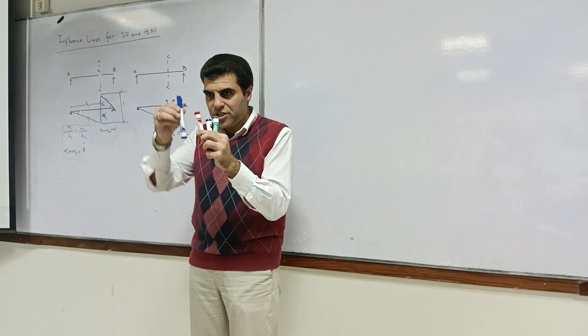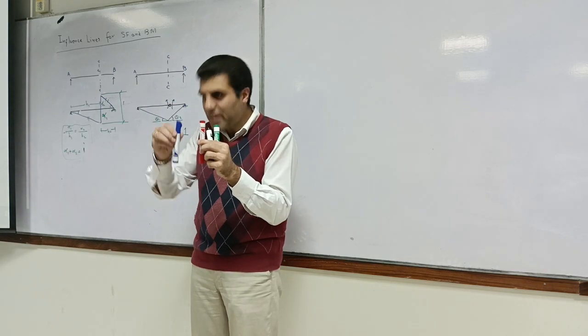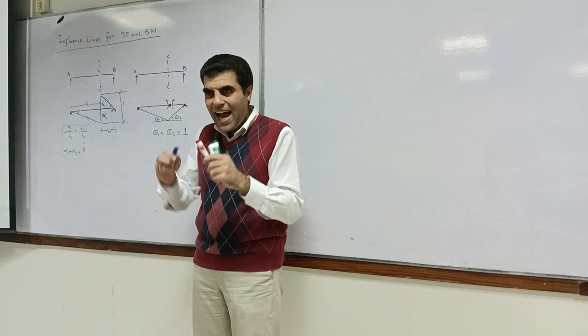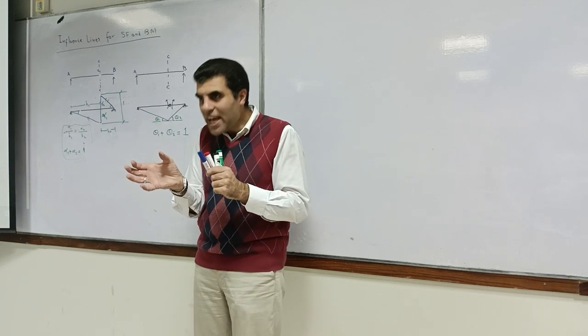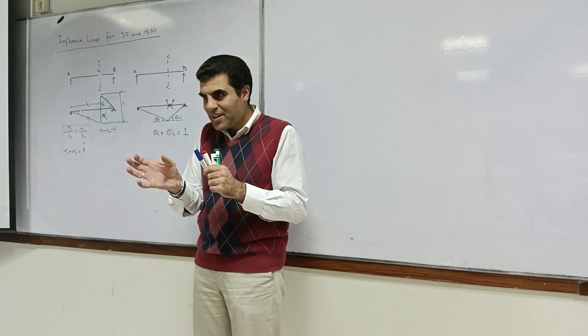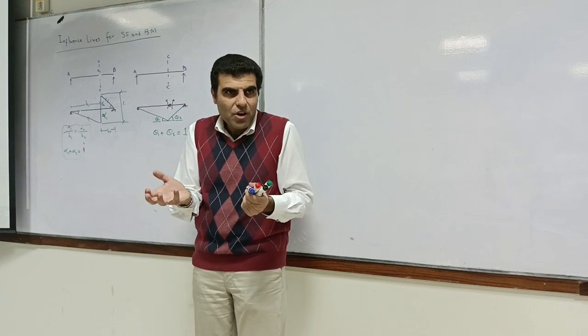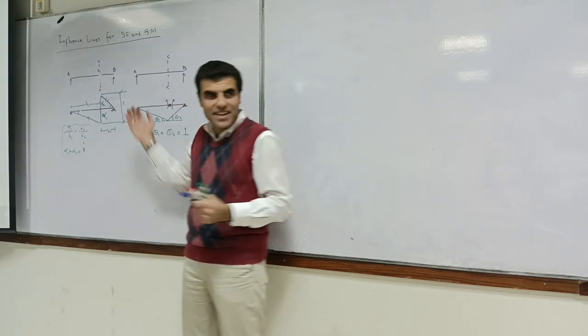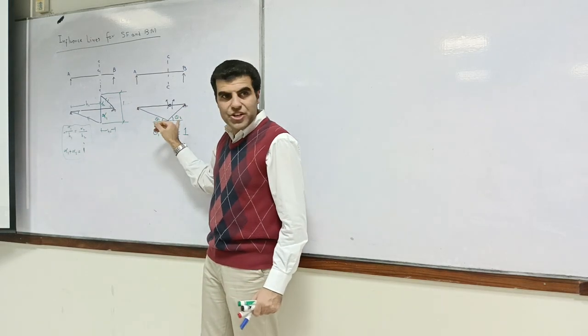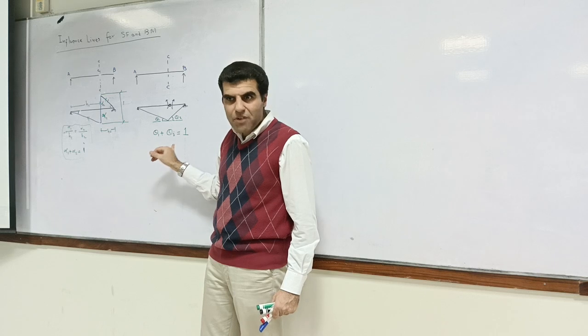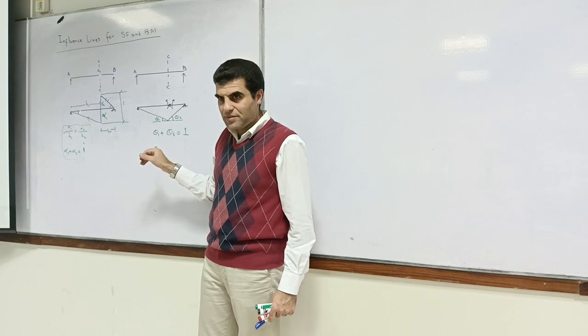A force produces displacement, and moments produce rotations, angles, angular displacement. So this is a linear displacement and that's an angular displacement. That's why we have introduced an angular displacement of unity. Do you understand my point?